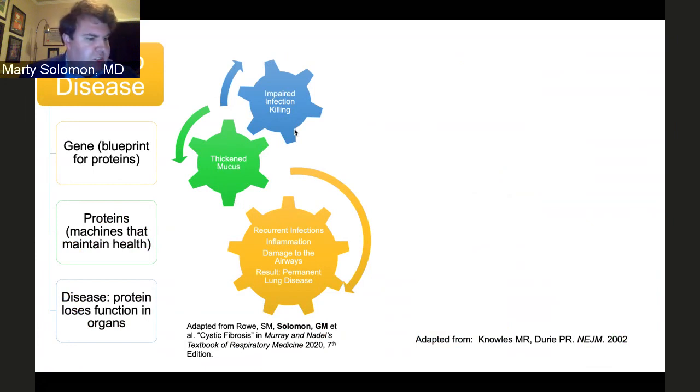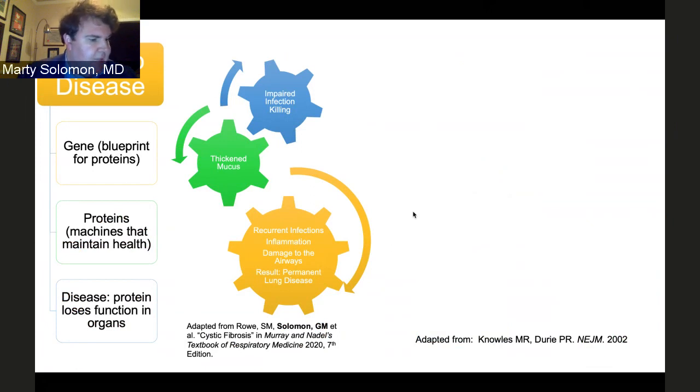Now, if you'll turn your attention to the middle diagram, this diagram reminds us about the very important processes that happen when the CFTR protein fails to work in the lungs, which is the most affected organ in people living with CF.